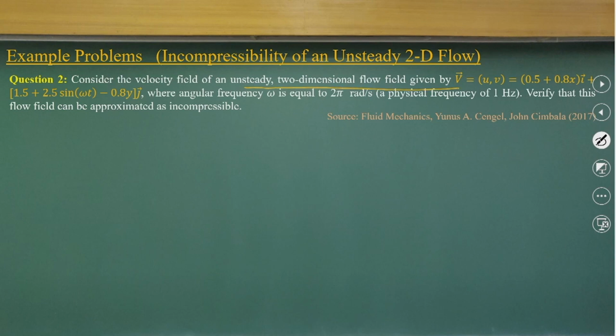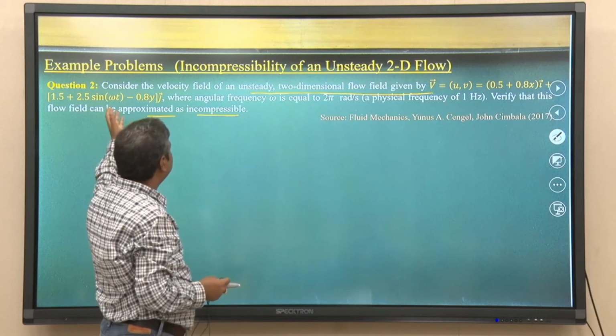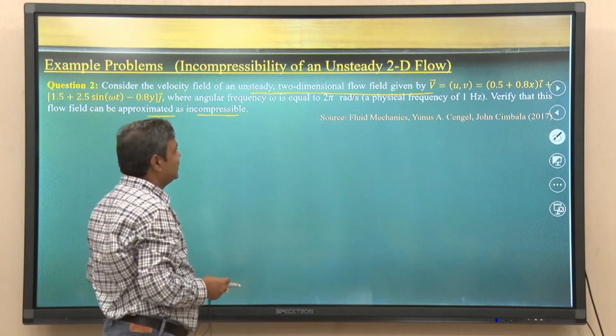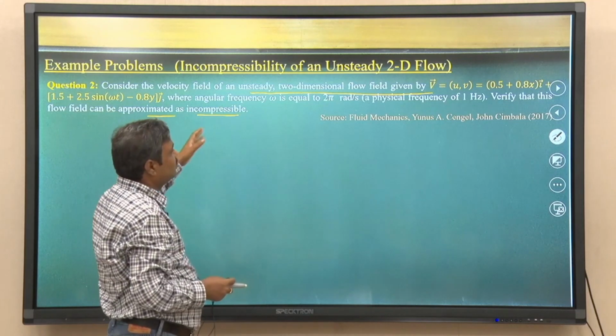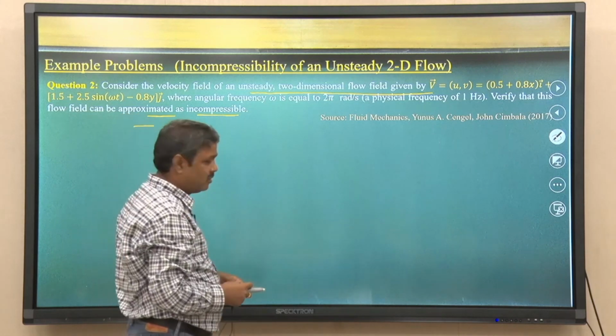You have to verify whether the flow field can be approximated as an incompressible flow, which is a very easy question, and most of the time GATE and engineering service exams look at this type of question, where they give the velocity field with only an angular frequency component, to find out whether the flow is incompressible or not.